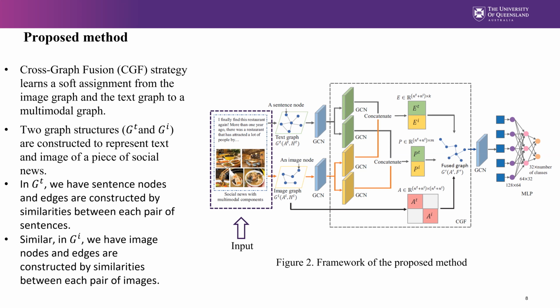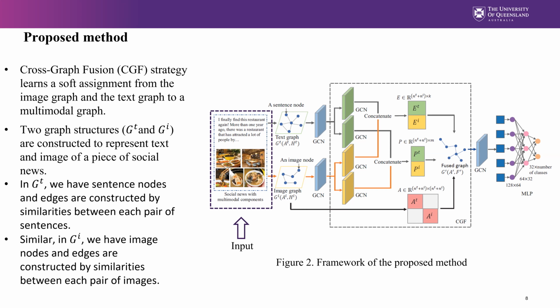Here, social news with multimodal components is the input of the network. Based on the input social news, the authors built 2 graph structures, GT and GI. These 2 graph structures are constructed to represent the text and the image of the piece of social news.